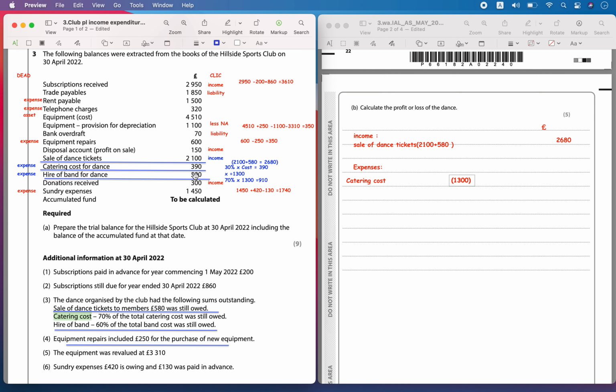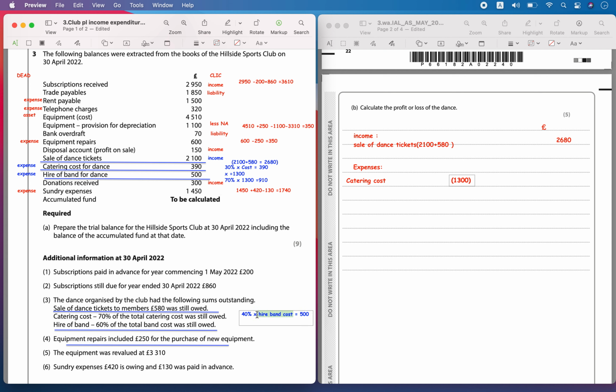Here whatever is being shown is only 500, so let's calculate the actual value of the band. The amount paid is 40% of the hire of band cost, which is equal to 500.